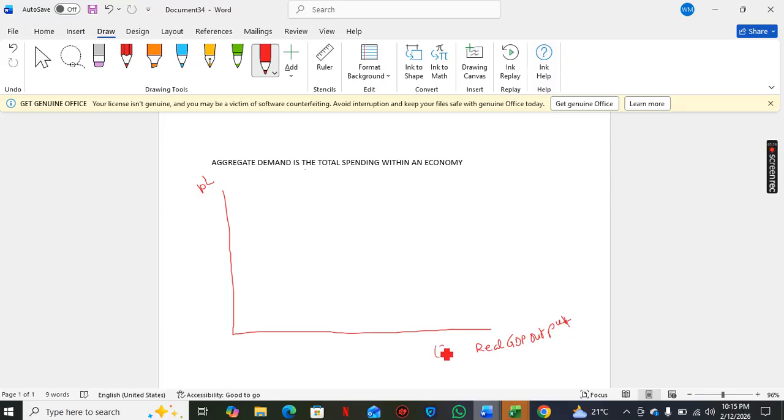Instead of quantity like last time, it is real GDP output, which is also equal to income, which is also equal to expenditure. If you remember from the circular flow diagram, yes, output equals income, which also equals expenditure.